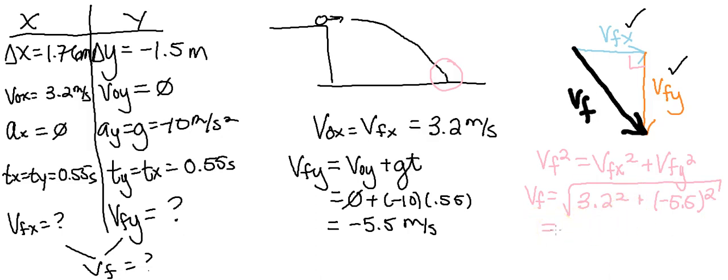So just be sure that you actually type that out. So then we get 3.2 squared plus 5.5 squared. We get the square root of 40.49, which ends up being 6.36 meters per second. So this object will hit the ground at a speed of 6.36 meters per second.